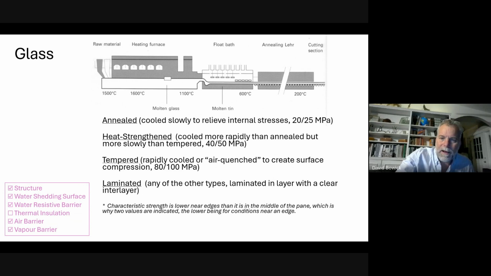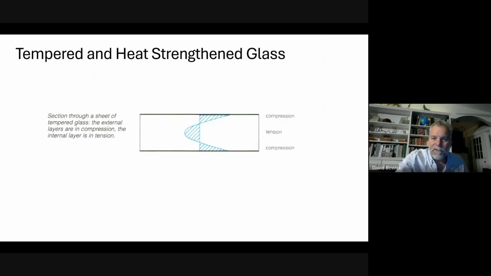Okay, so what is it about the heat strengthening tempering process that gives us higher strength? It does not change the material. So the material is identical in all cases. What differs?